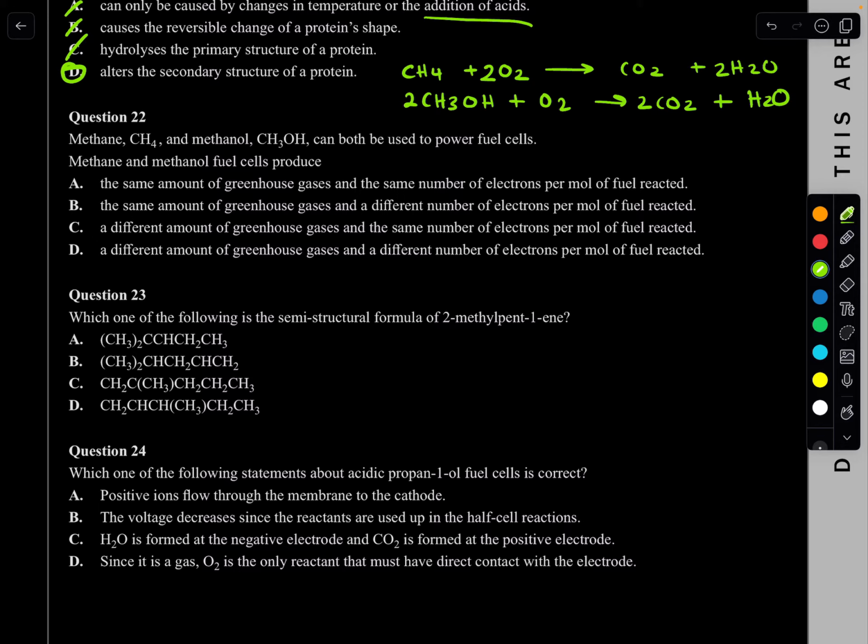We have 8 on the left, and we only have 2, so we have to put a 4 here. And oxygen, so we have 2 here, and we have 4 and 4 here, so that's 8. So if I put a 3 here, yep, so 6, yep, that works. Beautiful. That looks correct.